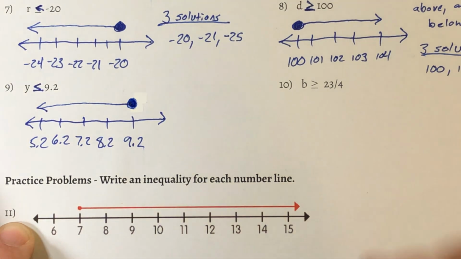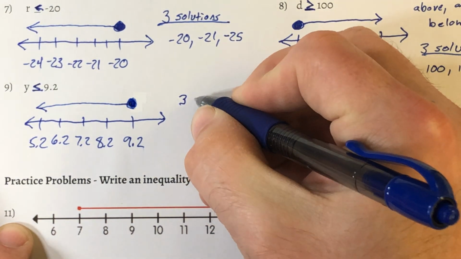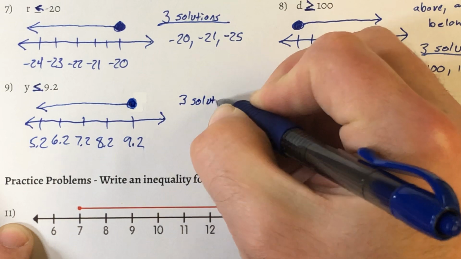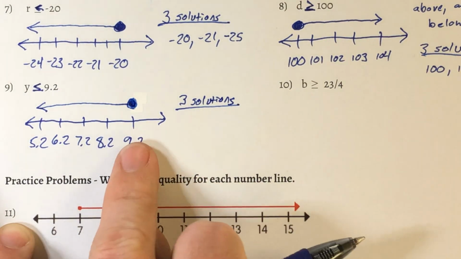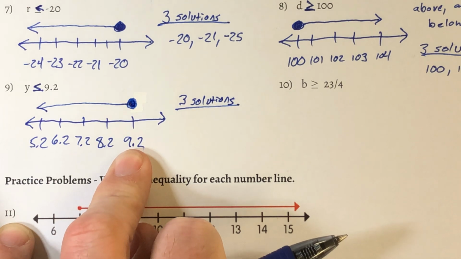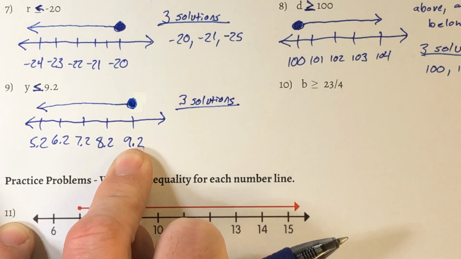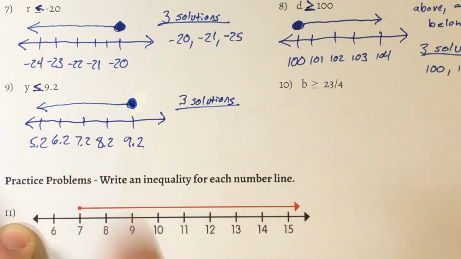Okay, next, I need 3 integer solutions. Not any solutions, integer solutions. Could 9.2 be an integer solution? No. Why? Because it's not a whole number. So I need a whole number that would be here.